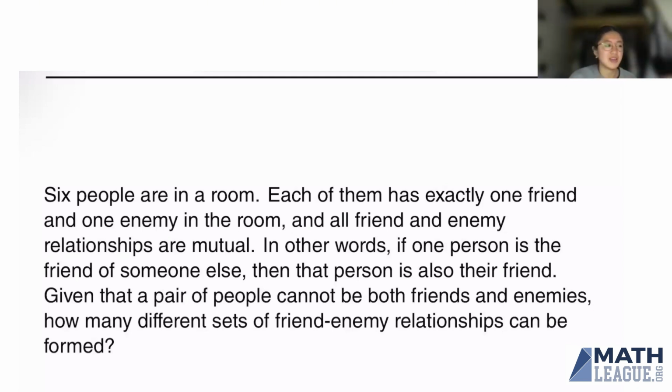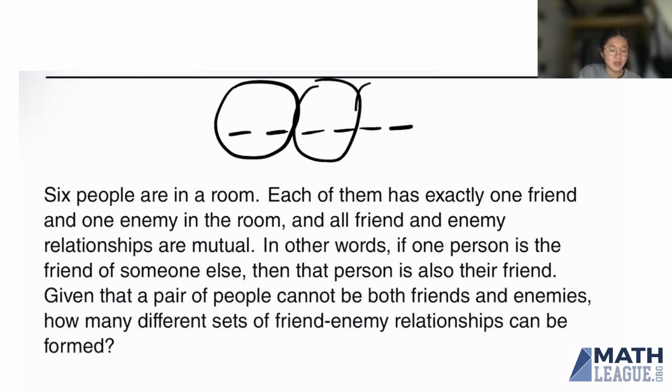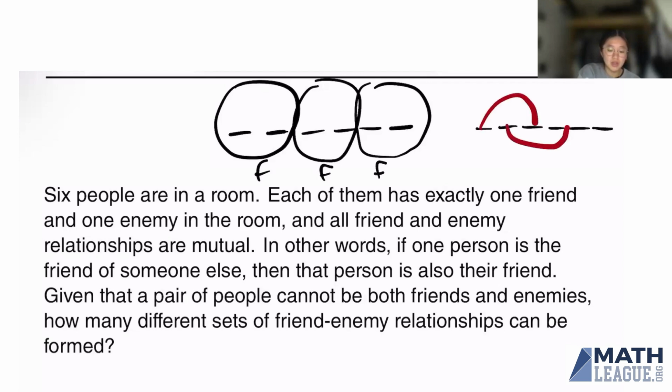There's not some one-sided beef or one-sided friendship going on. If you have 6 people, each of them can be paired up, right? So if this is the friends relationship, all 6 of these are friends. But in another sense, if you pair them up another way, you'll find the enemy pairs.